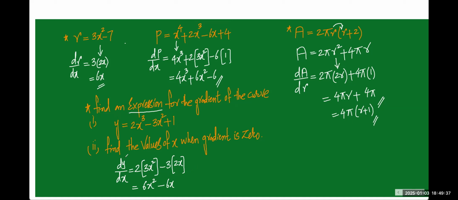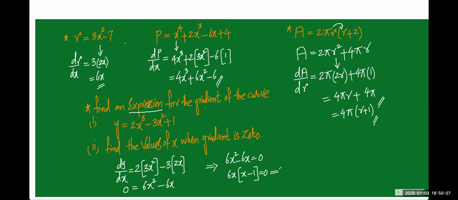Now the second bit: find the values of x when the gradient is 0. The gradient we are getting now, we equate it to 0. This implies that 6x square minus 6x is equal to 0. We can take 6x common. Then what's left off is x minus 1, equal to 0.